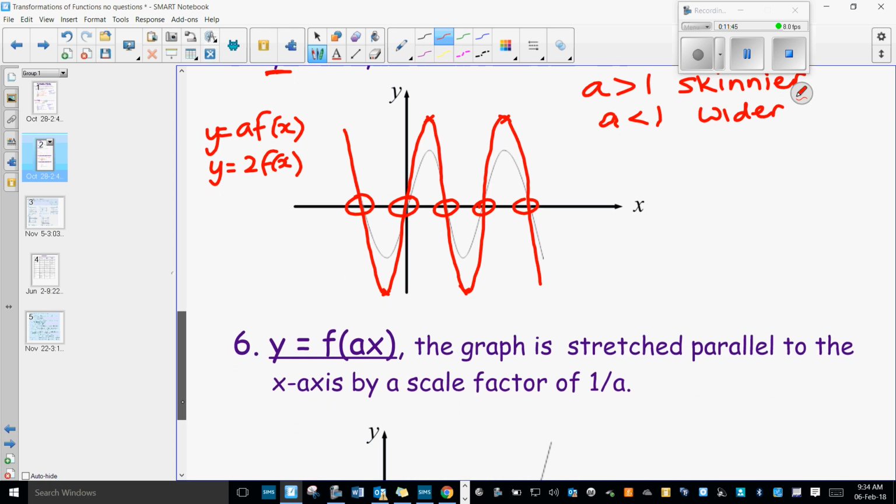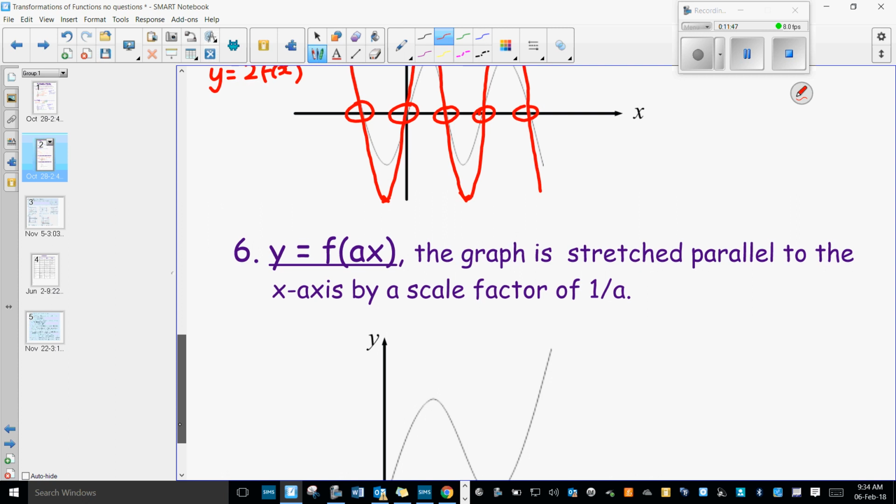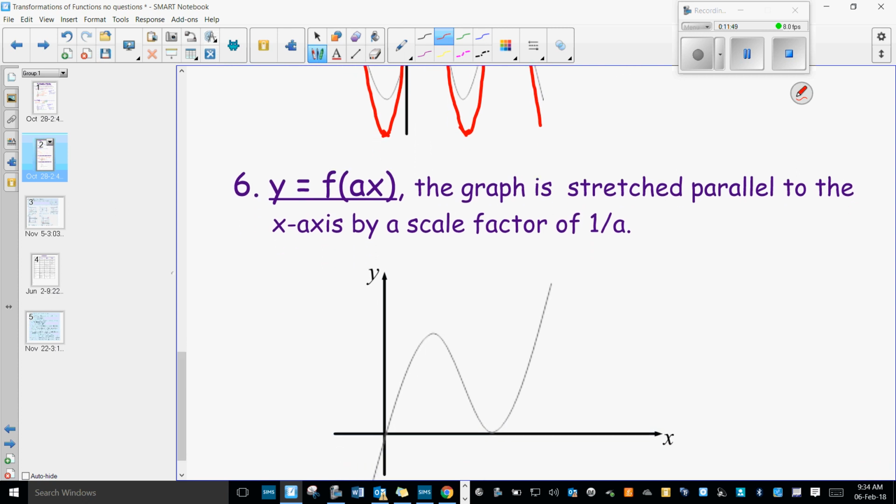And here we have a value inside the brackets. Okay, so what that does is it's going to be now stretched on the x-axis, but the factor is 1 over a. Now what that means is that if you've got, say for example, y equals f of 2x, then it's going to be stretched by a half.